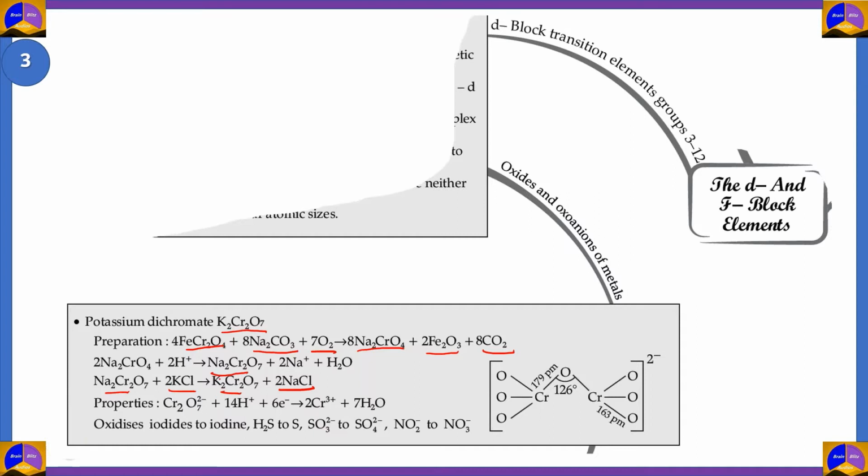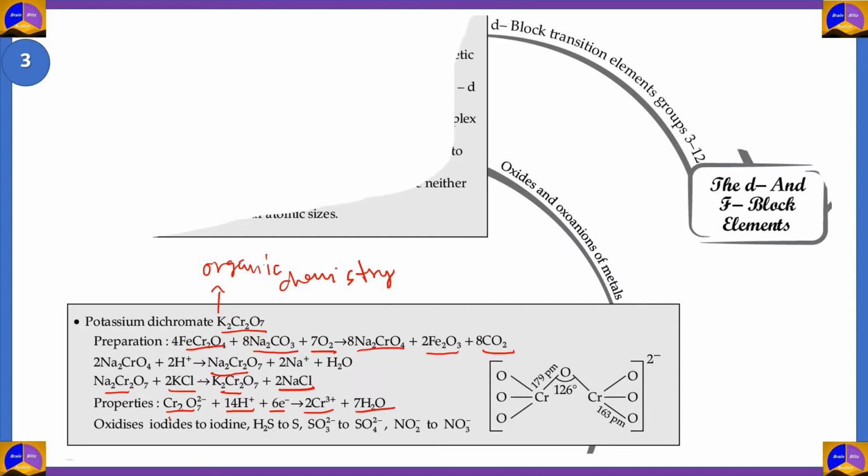Next, properties. Potassium dichromate can be described as a strong oxidizing agent, and it is used in organic chemistry. You can see a lot of times we use potassium dichromate as an oxidizing agent, and you can see its action in an acidic medium. The dichromate ion in presence of acid and electrons changes to chromium 3+ and water.